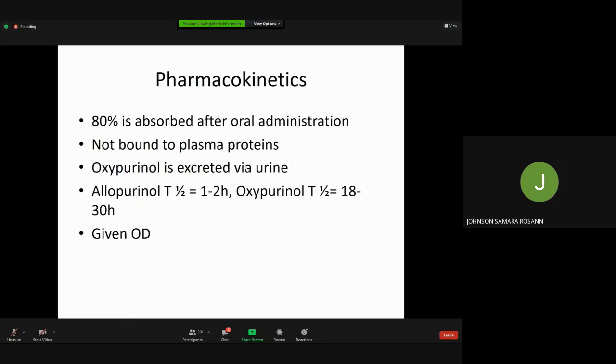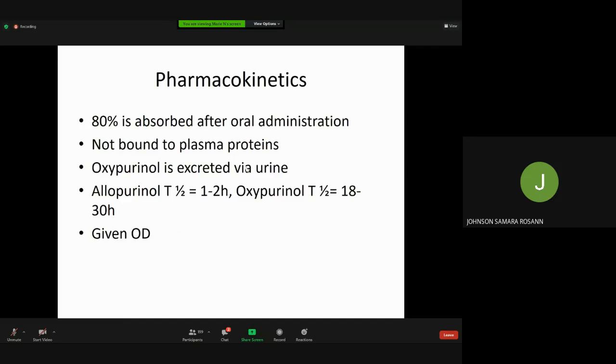Allopurinol is given orally. 80% will be absorbed after oral administration. In terms of its distribution, it's not bound to plasma proteins, so it circulates free. Excretion is via the urine. The half-life, as I've alluded to before, oxypurinol half-life is much longer.